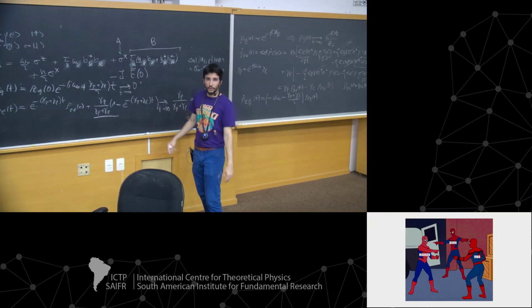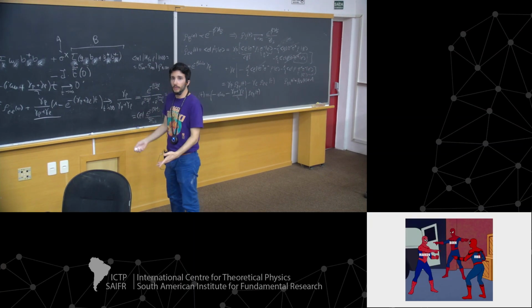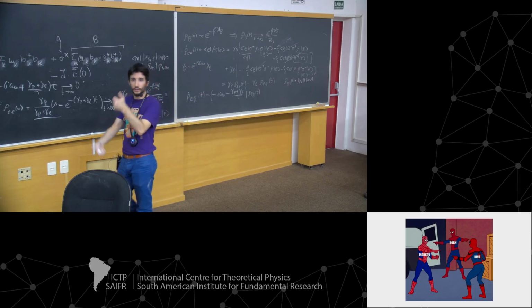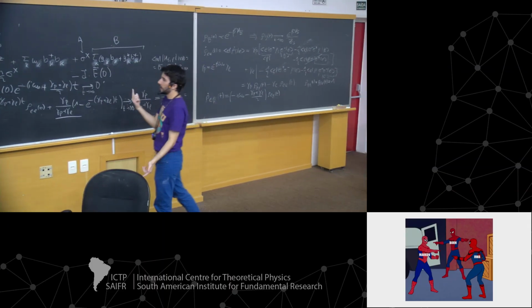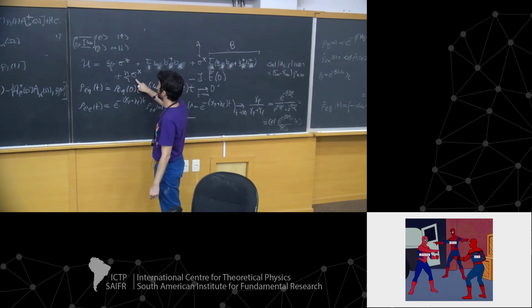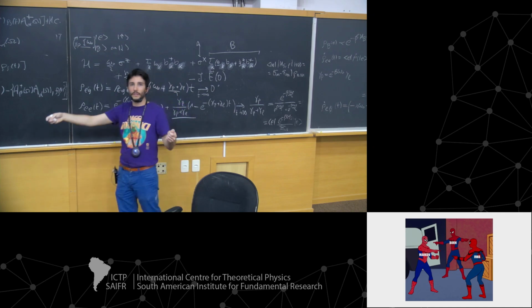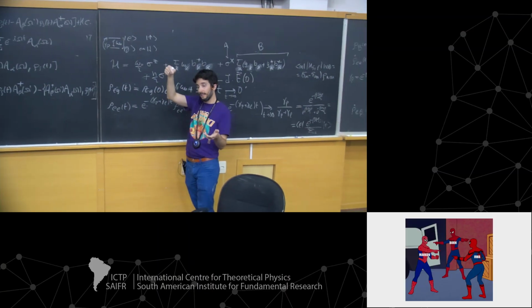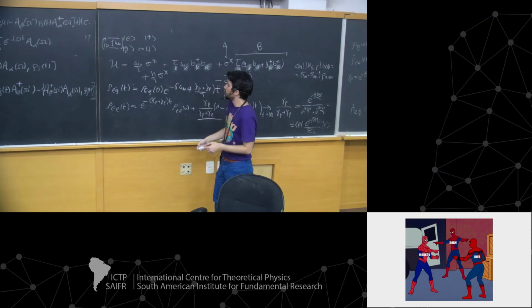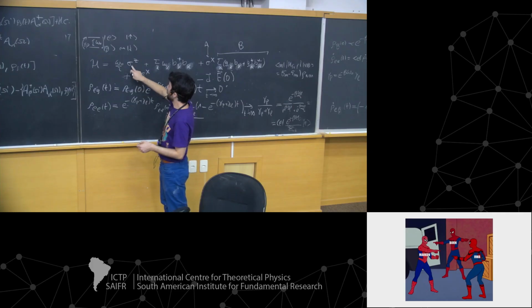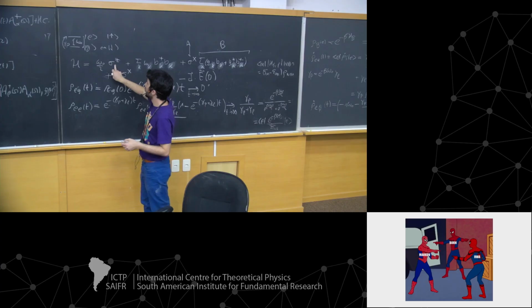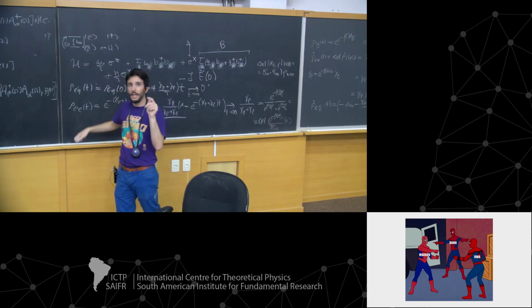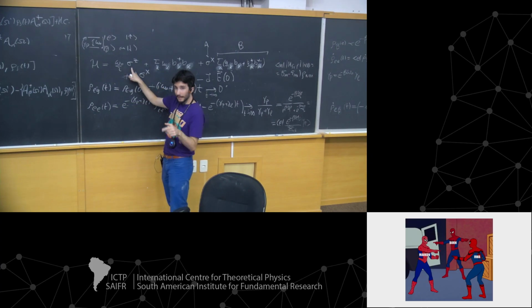Which are the jump operators which I should use? Many people maybe would naively think, well, it's going to be sigma plus and sigma minus because I'm just pumping and losing energy to and from the bath. But if you think a little bit, this cannot be because, for instance, if the environment is at 0 temperature, you would like the system to thermalize to the ground state. But now, sigma minus will try to bring the system into the ground state of sigma z.